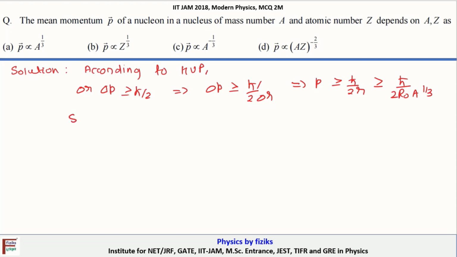So P must be proportional to A to the power minus 1 by 3. Hence our option C is correct.